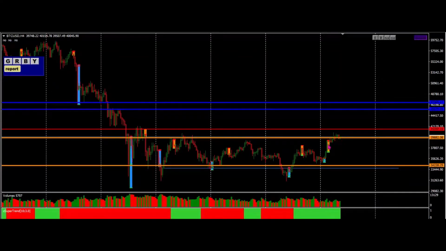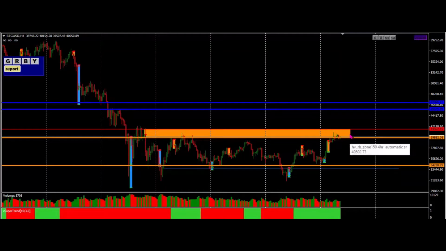So what we want to do is we want to see a box form above this daily zone here, and then see price close above that box. So right now our closest and most recent box is the 4-hour sellers here, and so we want to go with them instead of this one, because this one is above the daily zone.